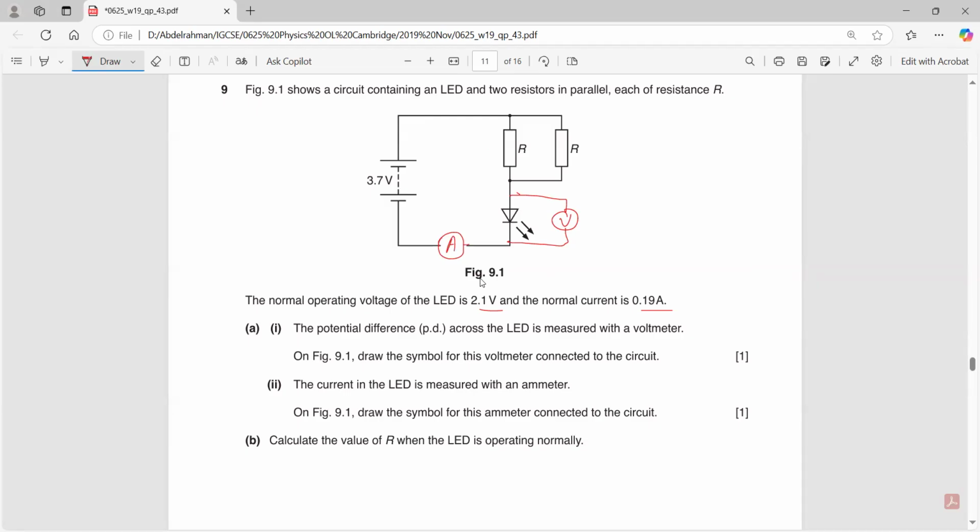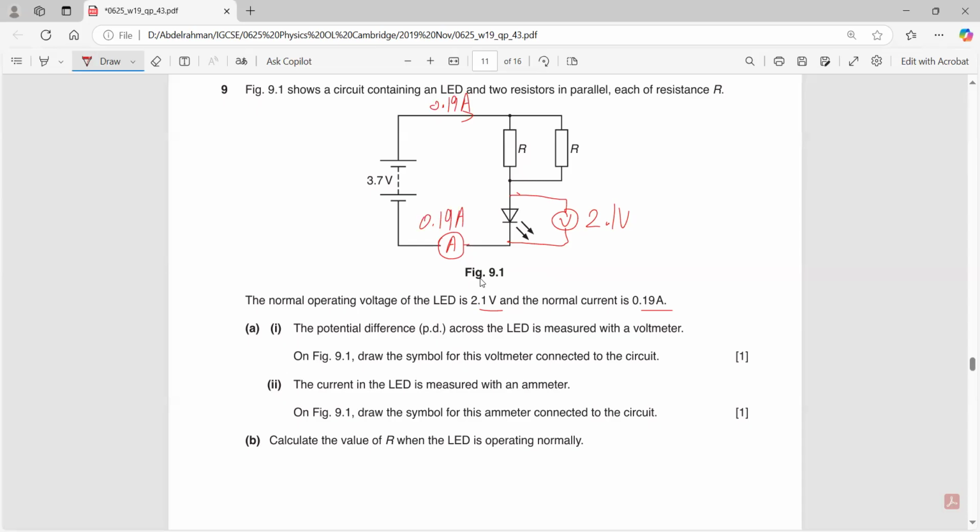Two bonus marks. Calculate the value of R when the LED is operating normally. So when the LED is operating normally, the voltage of the LED is 2.1 volts. Okay, not bad. The current is 0.19 amperes, so the total current in the circuit is 0.19 amperes.